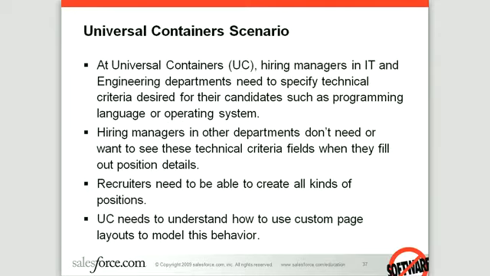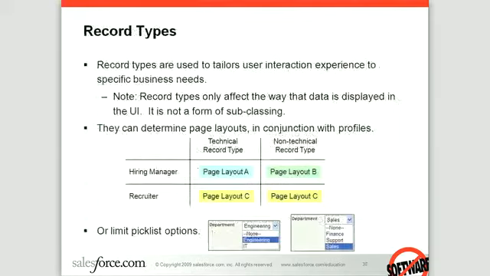Okay? So the other thing that we're going to utilize and introduce here are record types. Record types are sort of an advanced feature that allow us to drive a page layout or determine a page layout based on decorating our record with some metadata. All right, so let's jump into record types.